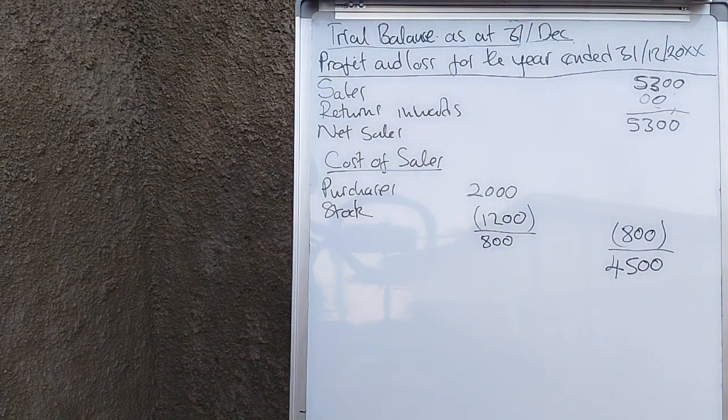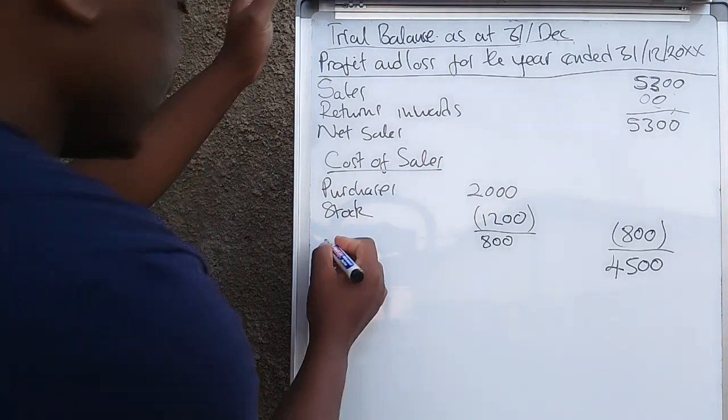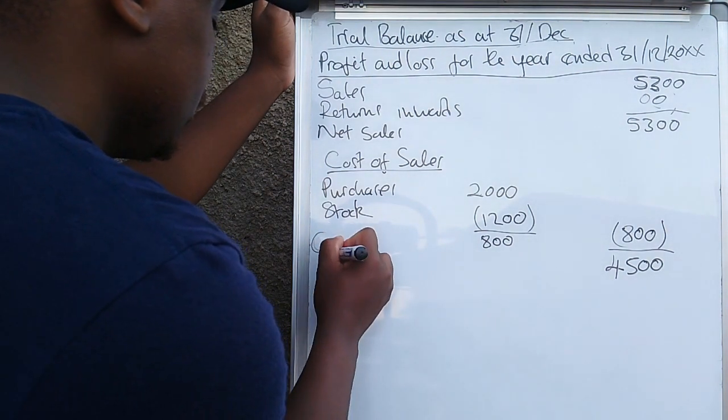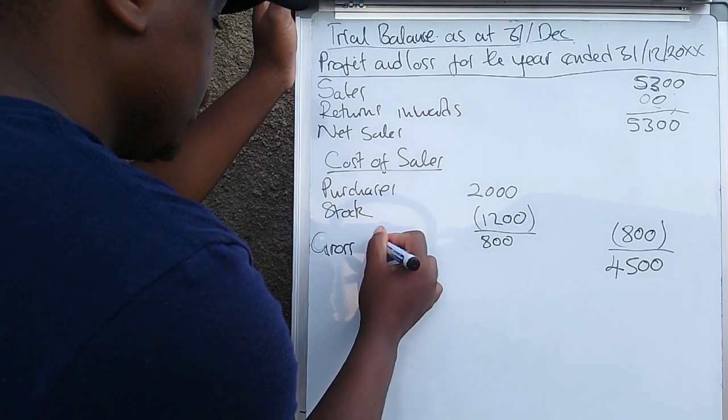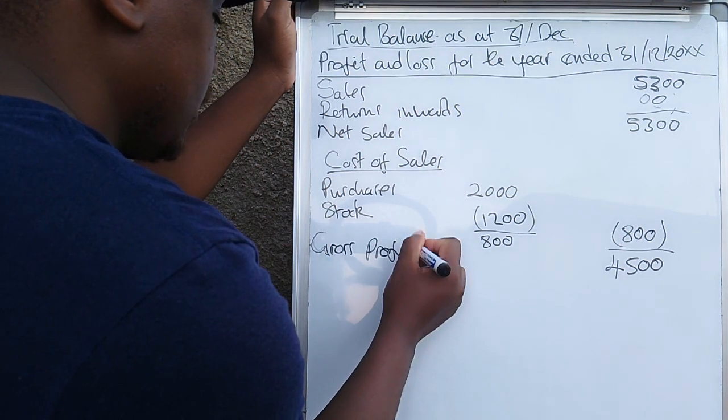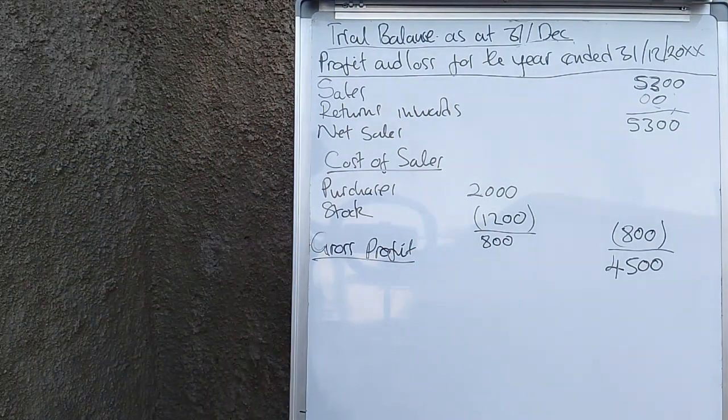Okay, so this is the first component, the first part of the income statement, the first part of the profit and loss. We are now at gross profit. This is our gross profit. Remember, we said gross profit is equal to sales minus cost of sales.